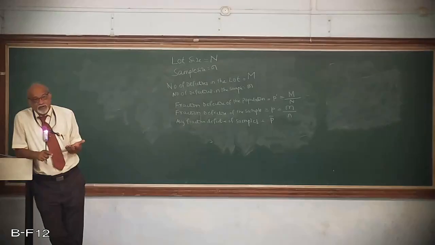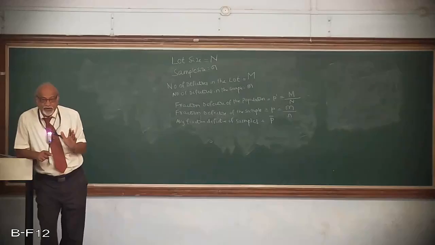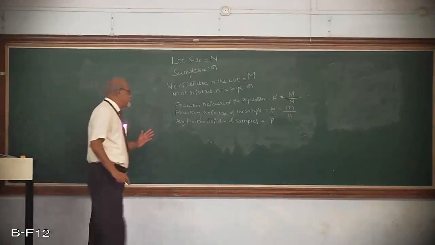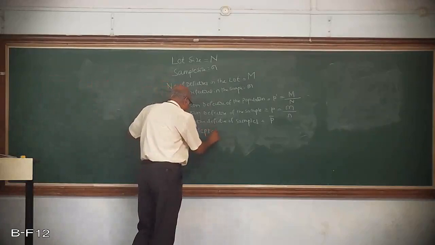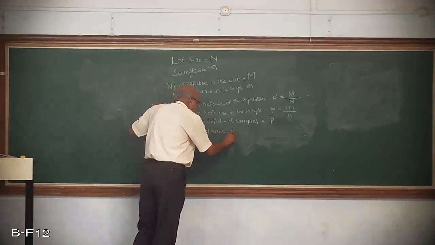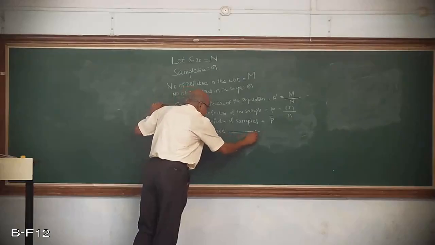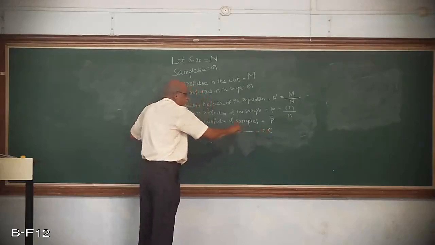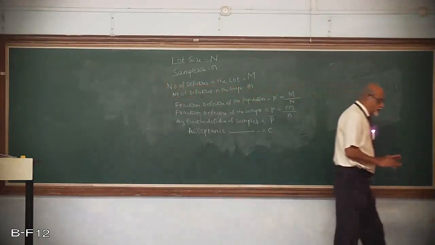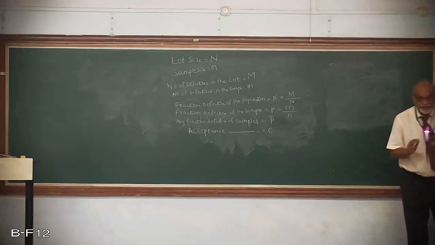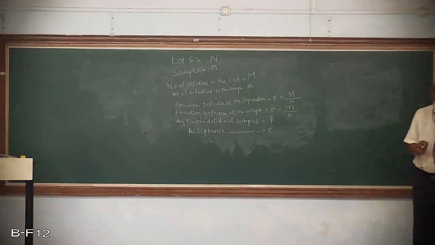One, that we call the acceptance number. What is this one? One is the acceptance number. Usually it is denoted by C. That means this acceptance number is the maximum allowable number of defectives in the sample.